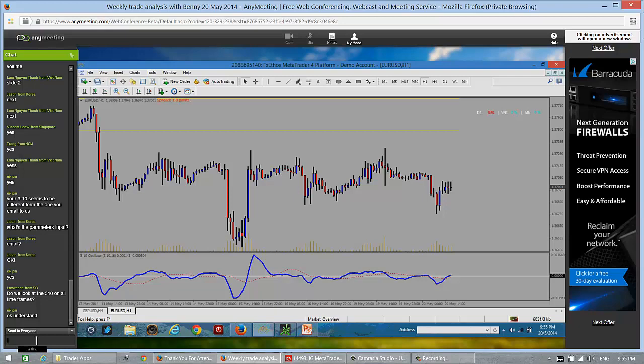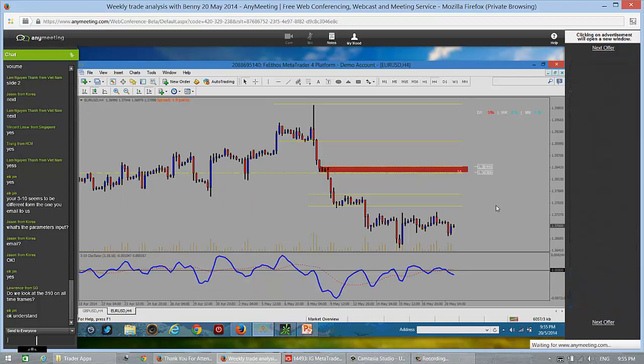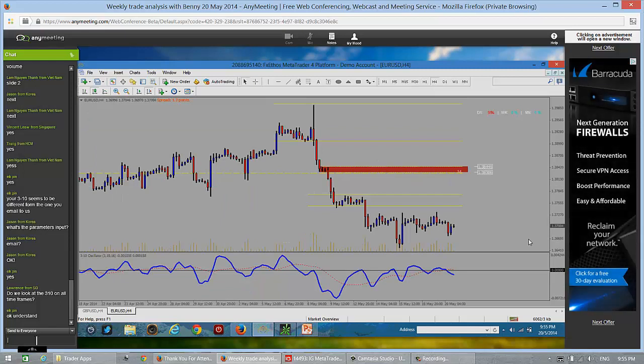What I'm doing is I basically look at 310 on the entry time frame. If your entry time frame is daily, 310 daily. That's it. If your entry time frame is the 4 hourly, look at 310 on the 4 hourly.